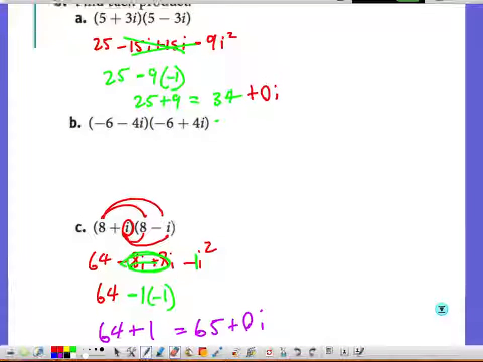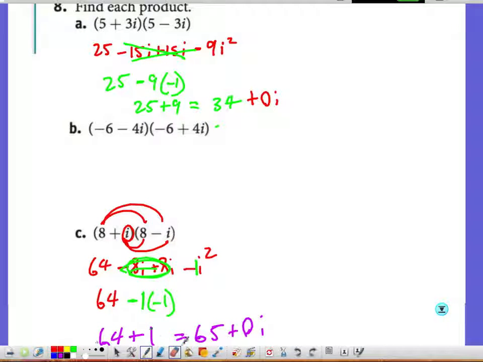Now, why is this giving us real numbers only? Well, what do you notice about this? Here notice that I have basically the same numbers, except the sign of something is different. The real part is exactly the same, nothing changes, but look at the imaginary part.